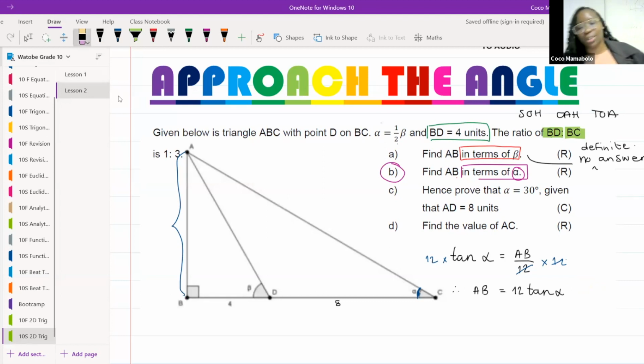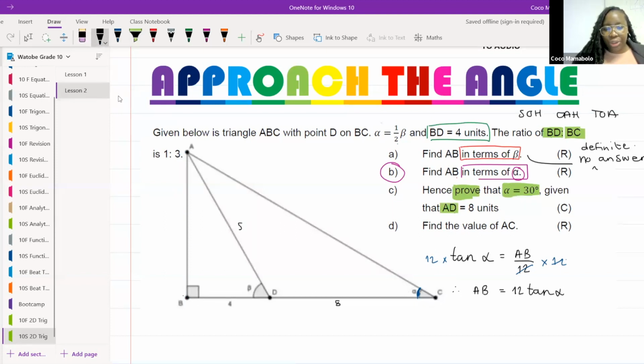All right, let's look at the next question. It says here, hence, prove that alpha is equal to 30 degrees given that AD is 8 units. So now they tell us that AD is 8 units.